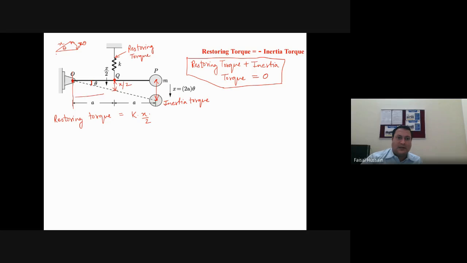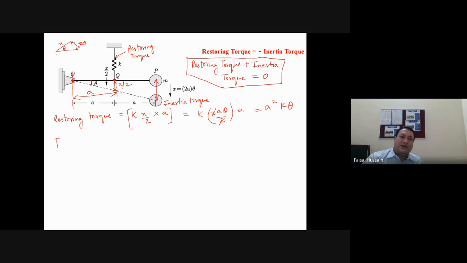From the center, this distance is a. Torque is force into distance. But here X is twice a theta. So I can write, instead of X, twice a theta by 2 into a. The 2 gets cancelled. So restoring torque will be a square K theta.